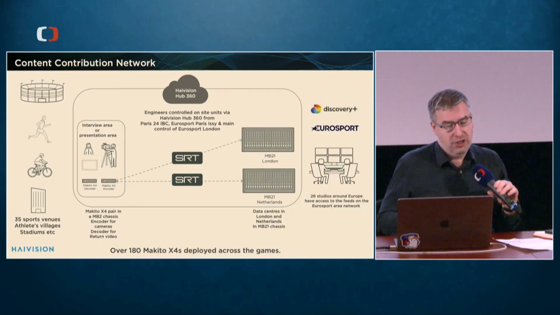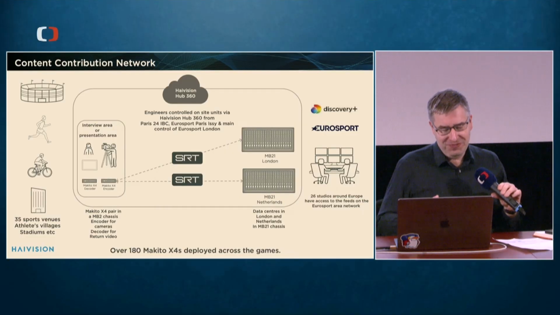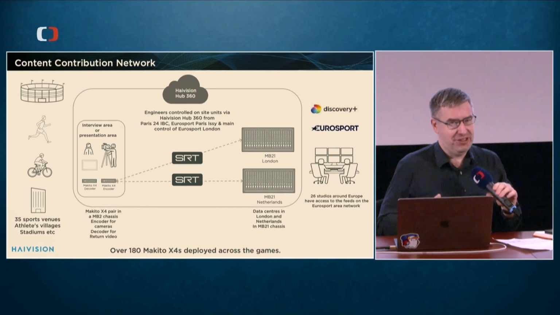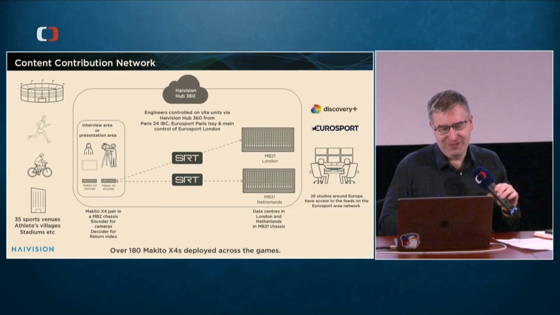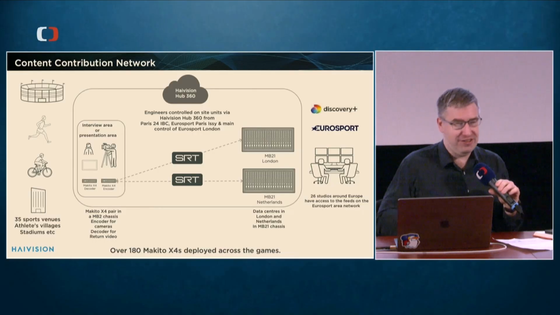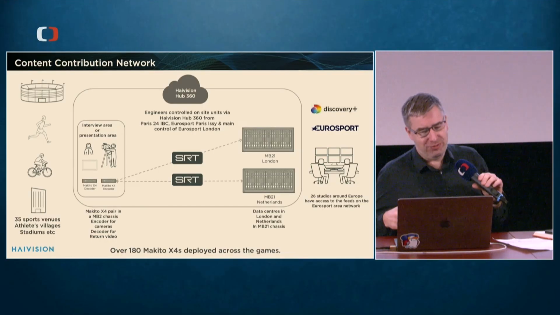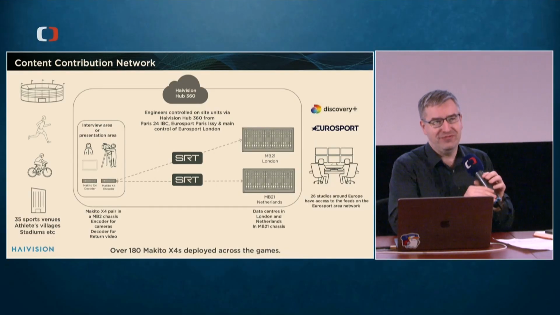We have encoders, we have decoders, and they are sending or receiving the SRT feeds. It's nothing special, but of course it's a nice scale, and it solves a customer problem. So I like this quite a lot.